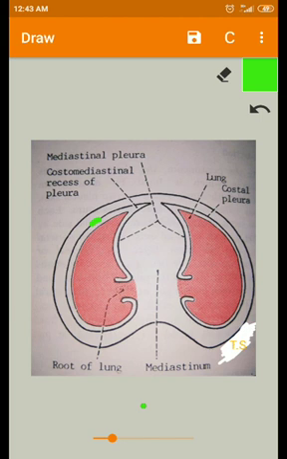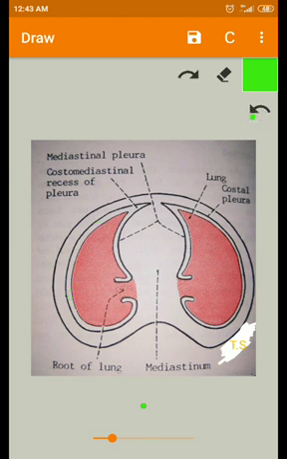The presence of air in the pleural cavity is called pneumothorax. The presence of blood in the pleural cavity is called hemothorax. Sometimes both fluid and air are present, then it is called hydropneumothorax. When only pus is present in the pleural cavity, such a condition is called empyema.